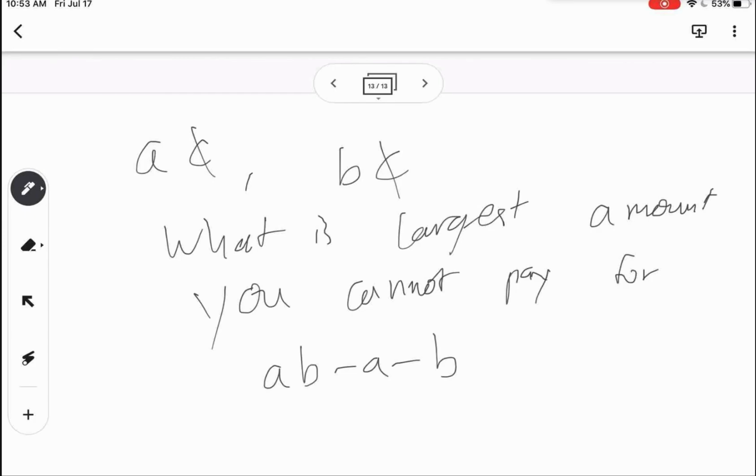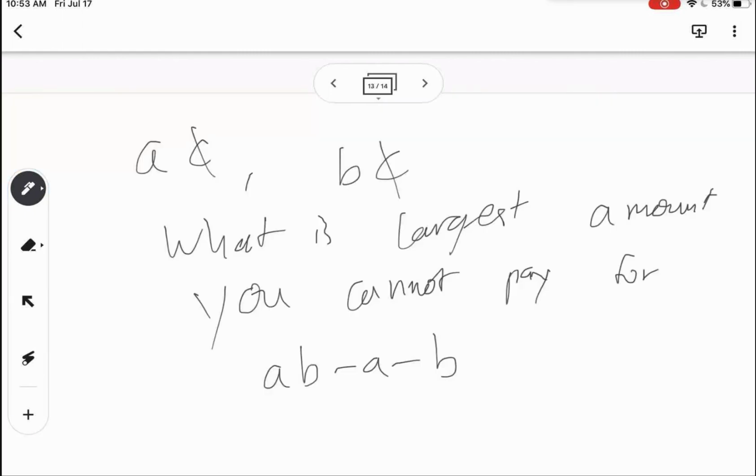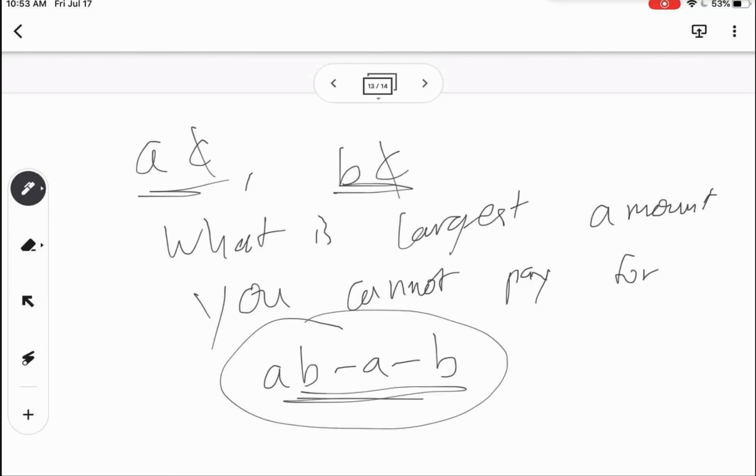So if you write it in terms of generating functions, what you have is 1 plus x to the a plus x to the 2a. Oh yeah, it's fine if you don't know this, but this may be useful later. If you have A cent coins and B cent coins, then the largest amount you cannot pay for is AB minus A minus B. So what this really means is that if you have only A cent and B cent coins, you cannot pay for AB minus A minus B cents, right?